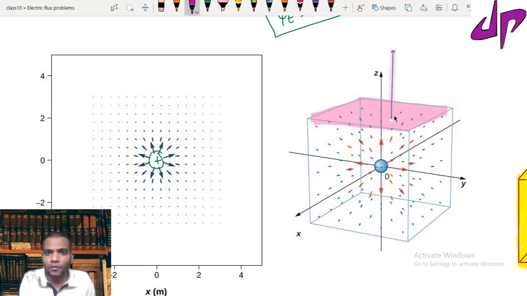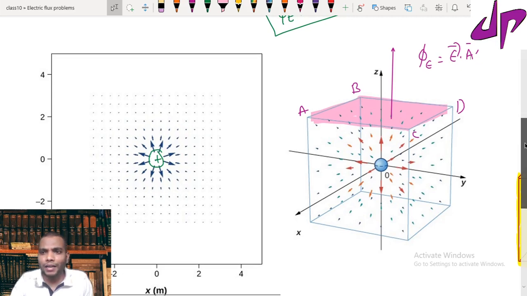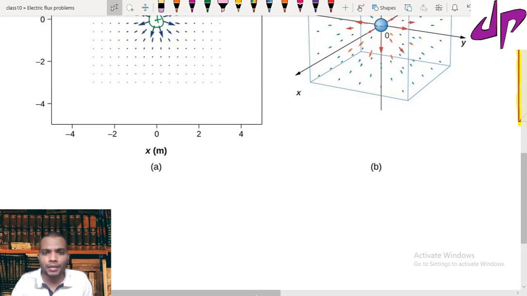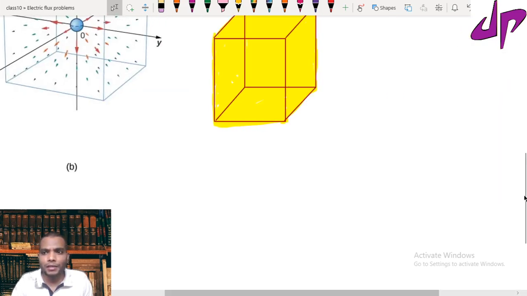I need to find the area of the surface. Suppose we take ABCD as the area, and I need to know how many electric field lines are coming through. That we define as electric flux. In formula manner we can write flux phi equal to E bar dot A bar. So the number of electric field lines crossing unit area is defined as electric flux.